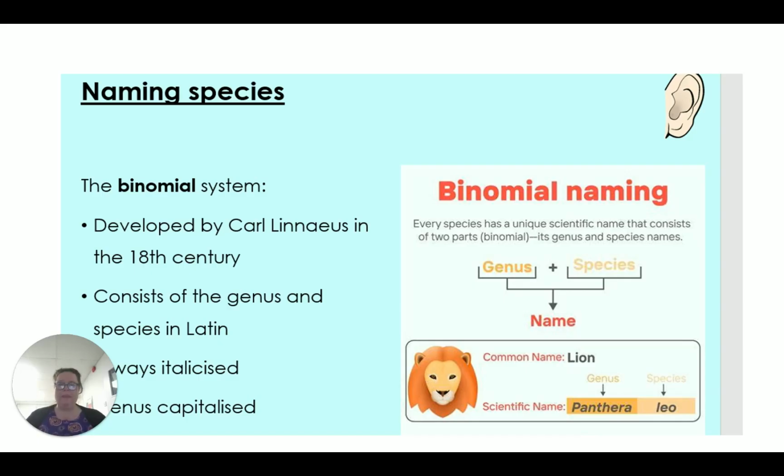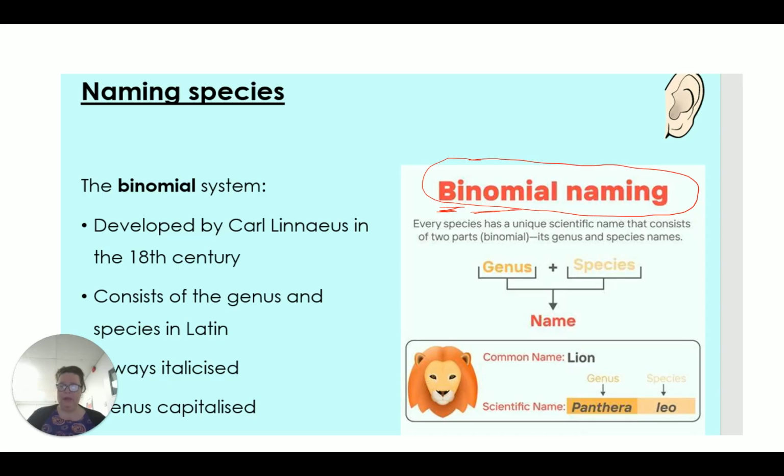So he invented this system called binomial naming. Now, it sounds like a big word. Bi just means two, like biathlon. Nom in Latin means name. So it's a two-name system. So every animal, plant, bacteria, fungus has two Latin names.